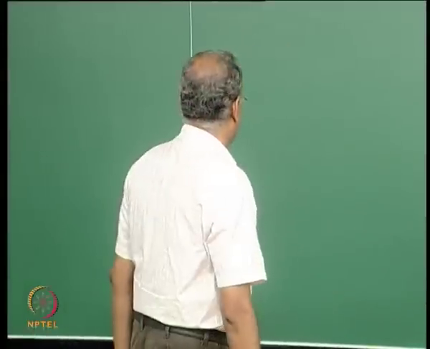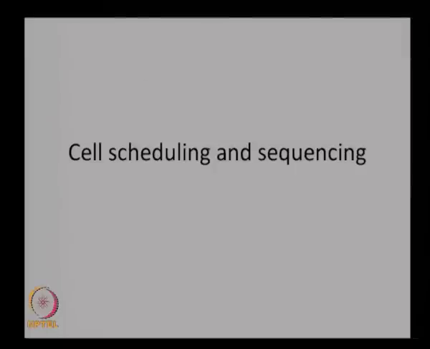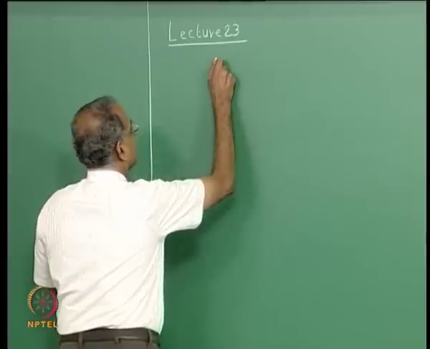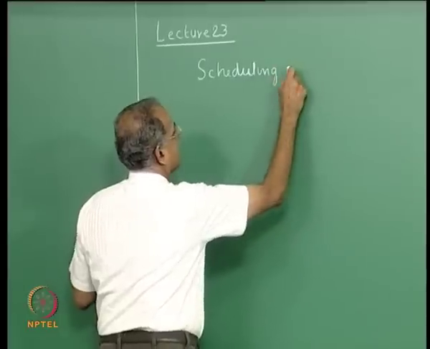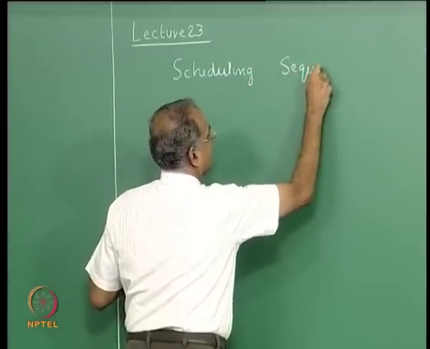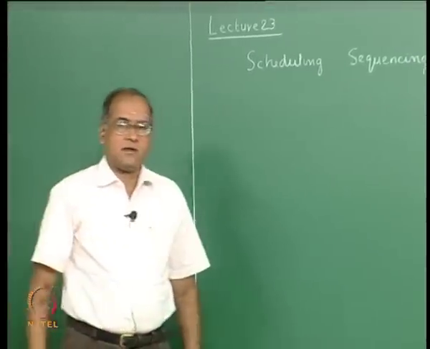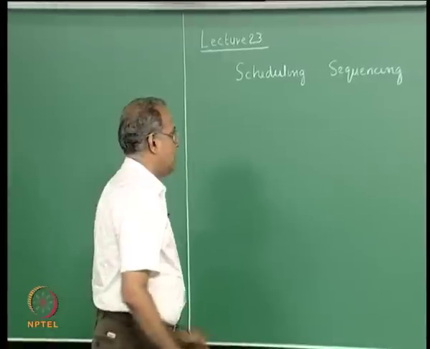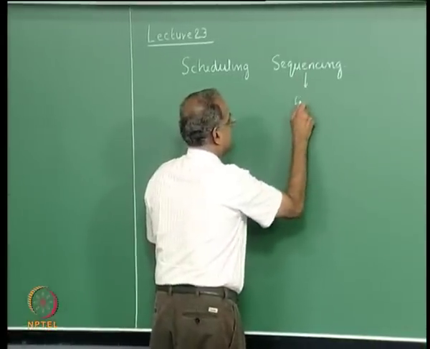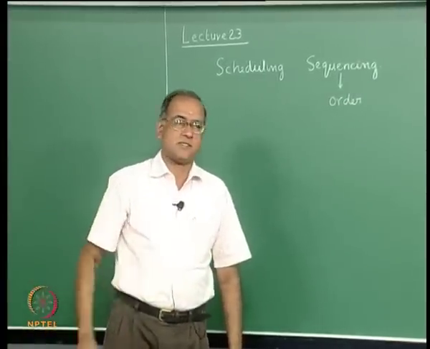In this lecture we continue the discussion on scheduling and sequencing. Scheduling and sequencing is extremely important when a set of jobs have to be processed on a set of machines, while sequencing tells us the order in which these jobs have to be processed on the machines.